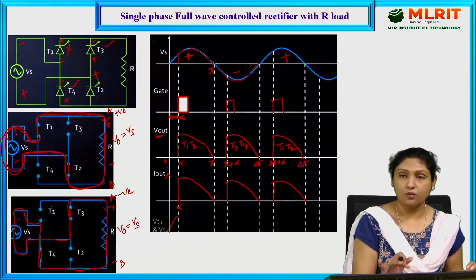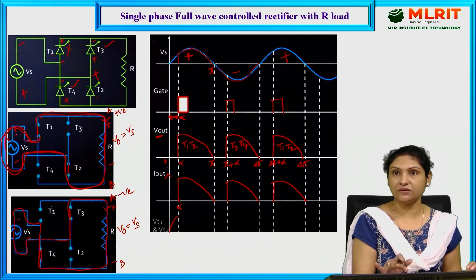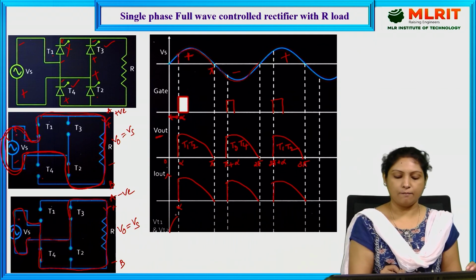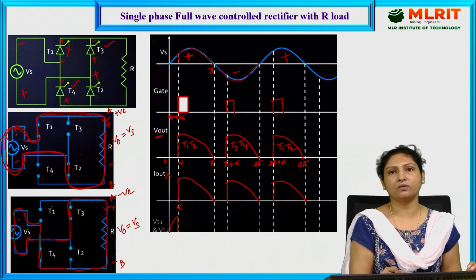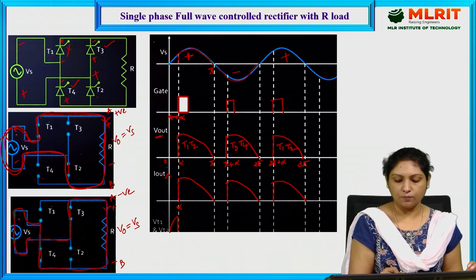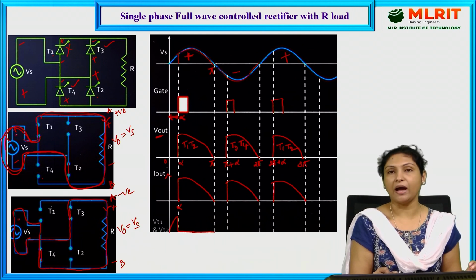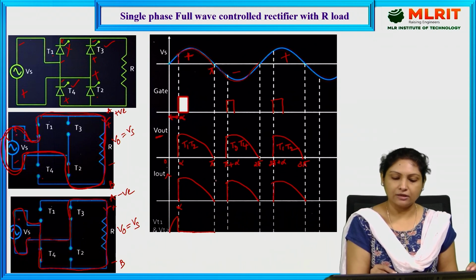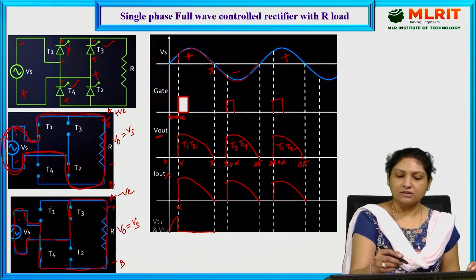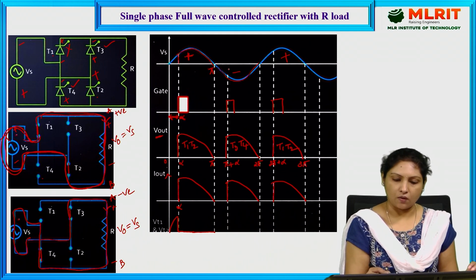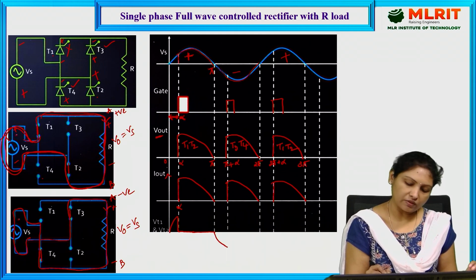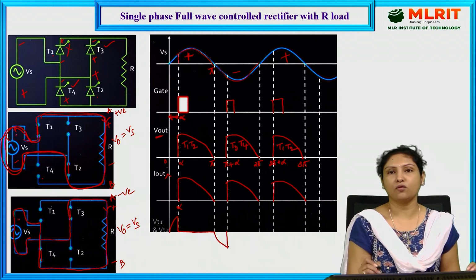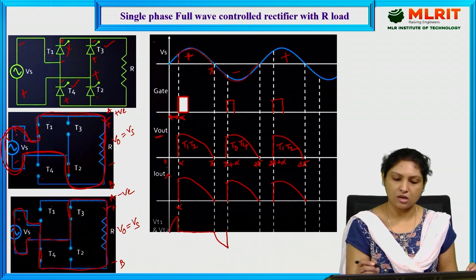The moment we provide the triggering pulse, since T1 and T2 are turned on, the on-state voltage drop of the device will be very small, almost equal to zero. So the thyristor voltage across T1 and T2 will be almost zero. And again, at this instant, pi to pi plus alpha, since T1 and T2 are turned off, we will be getting the output voltage waveform across thyristor 1 as well as thyristor 2.